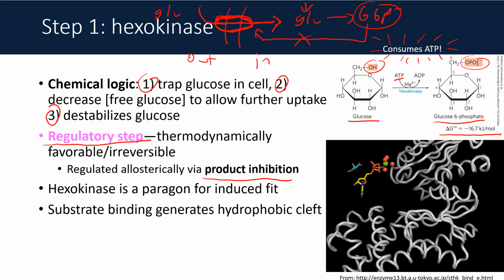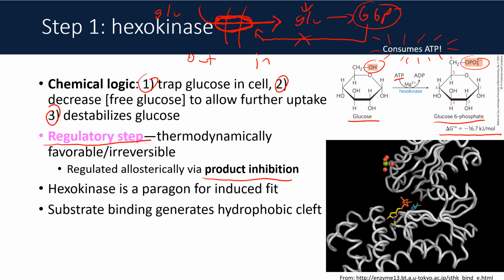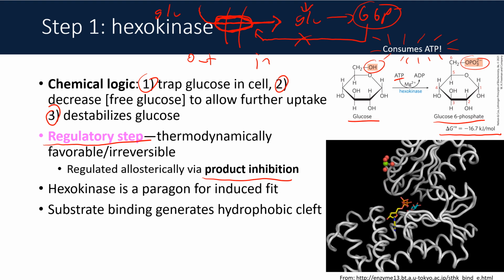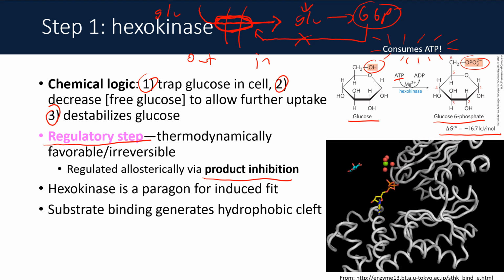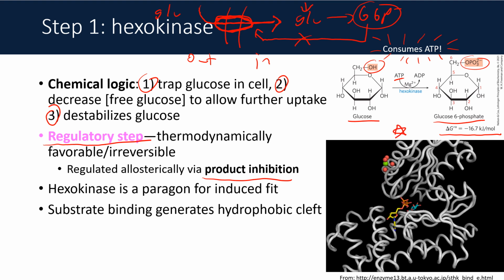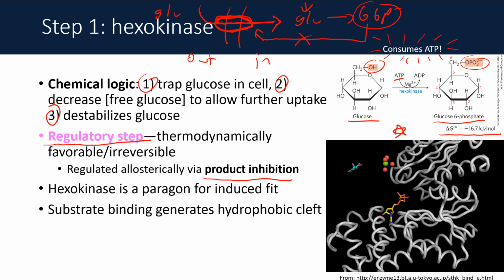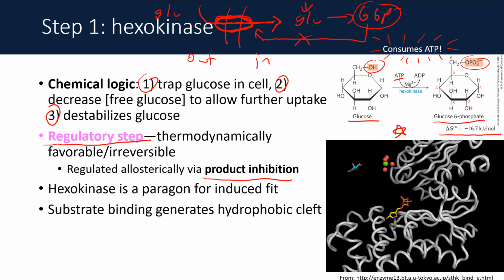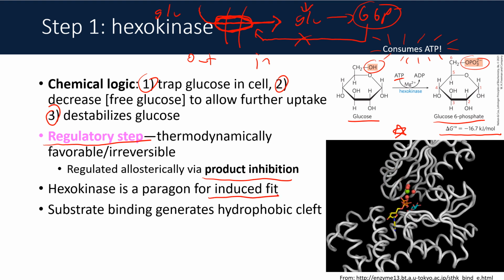Also of note with hexokinase, it's a really important enzyme, are these drastic motions that we are visualizing in this animation over here. The hexokinase enzyme is considered to be an exemplar of the induced fit model of catalysis.